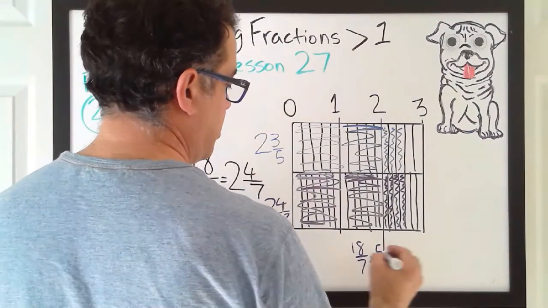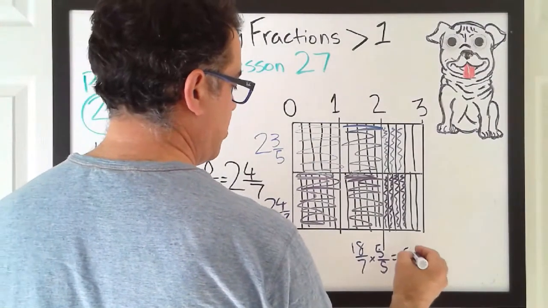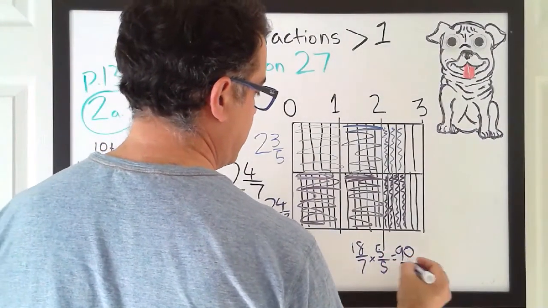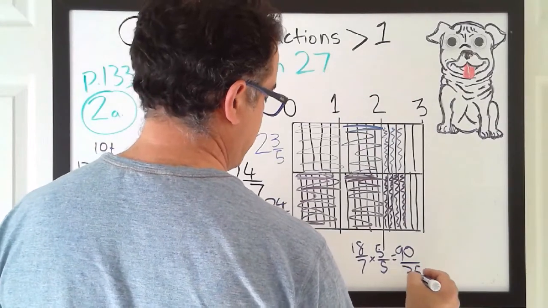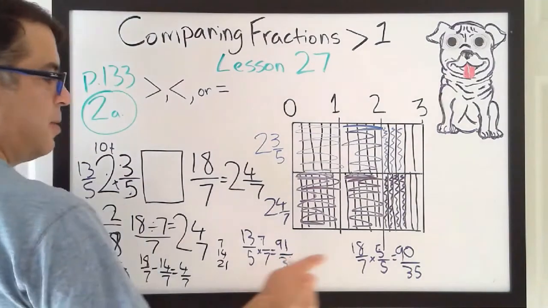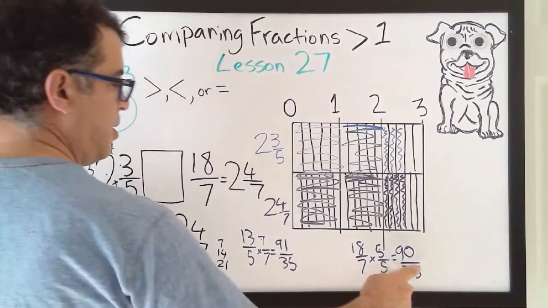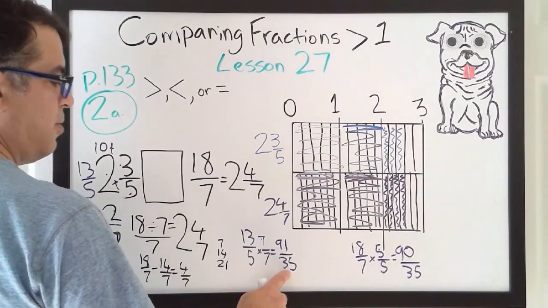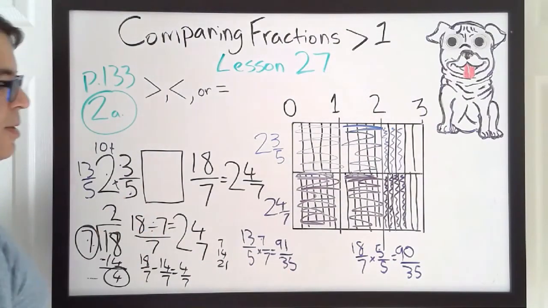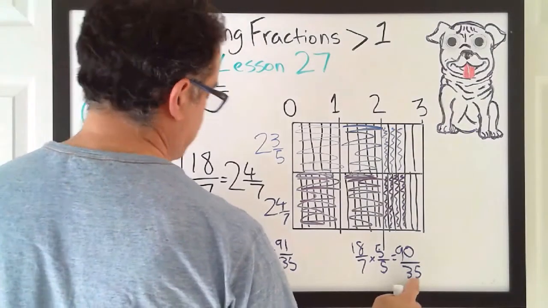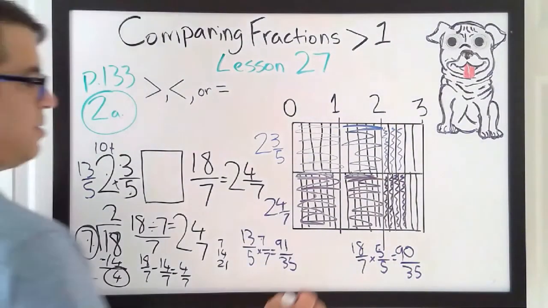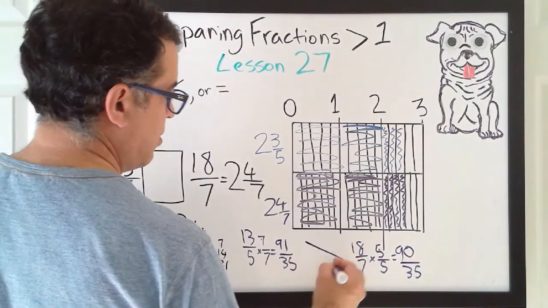So 5 times 18 is 90. 90/35. Look how close these were. The model would not help me here. 91/35 is 2 3/5. And 90/35 is 18/7. So that means greater than.